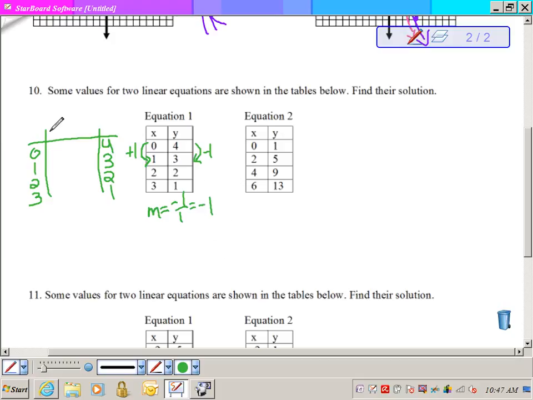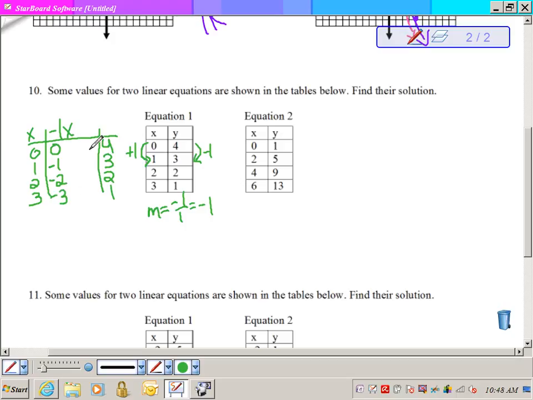So over here I should be able to say -1x, right? So if these are my x values, -1 times 0 is 0, -1 times 1, -1, -1 times 2, -1 times 3.